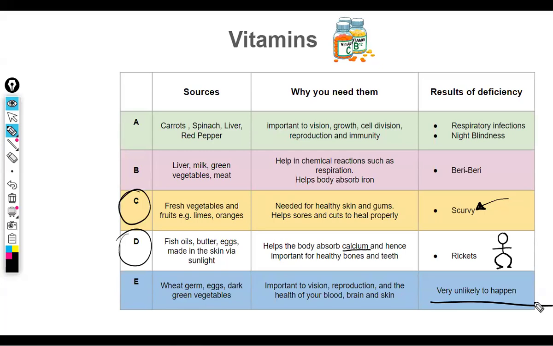But it's important for vision, reproduction, and the health of your brain. So you can just use your imagination here. If for some reason you don't get enough vitamin E, it will affect your vision. It will definitely affect your brain. It can also make you very confused. Your brain might start to deteriorate and stuff like that.